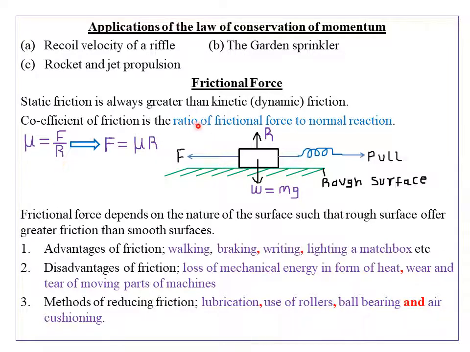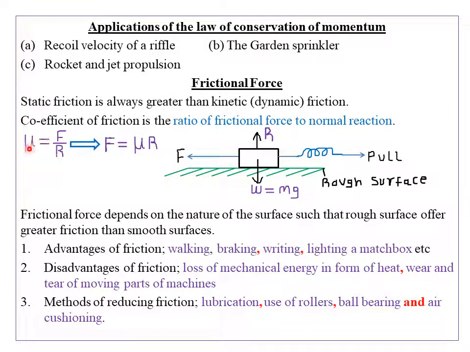Remember, when we talk of a ratio, it means we are dividing two quantities, and a ratio usually has no units. So mathematically, the coefficient of friction is given by frictional force divided by the normal reaction.